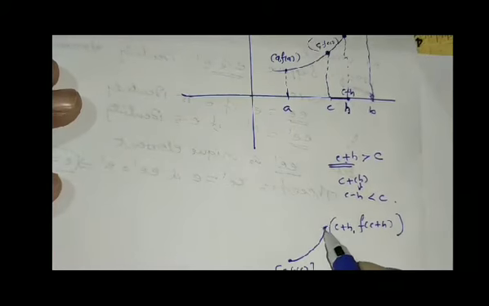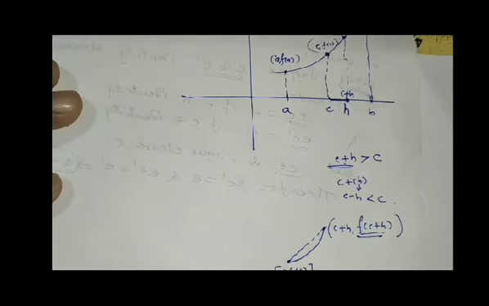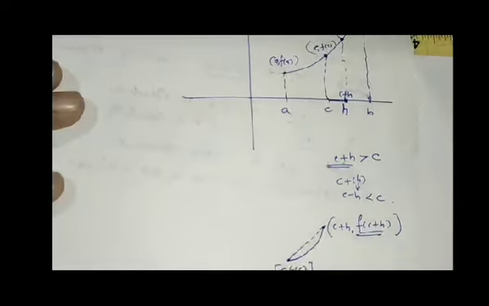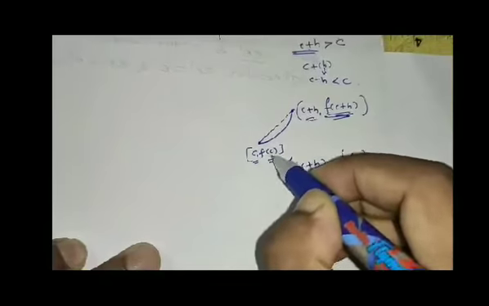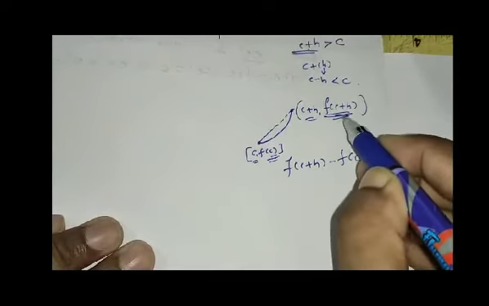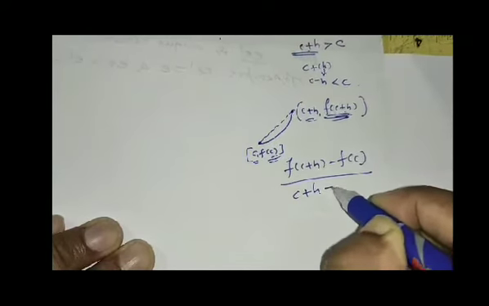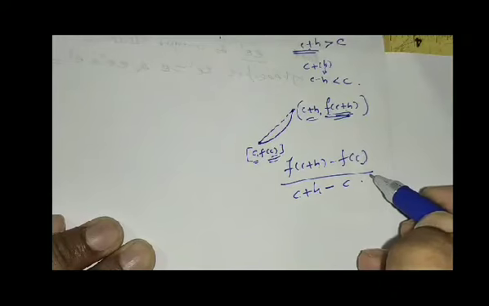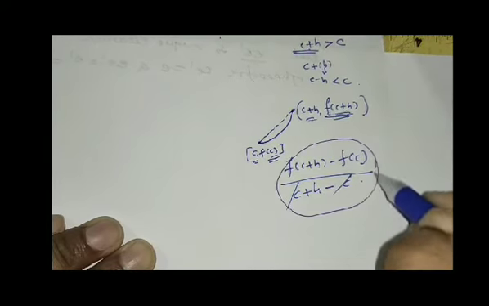Now if we take the change in these values, we get f of c plus h minus f of c, divided by c plus h minus c, and we observe that c gets cancelled, so we get this ratio.